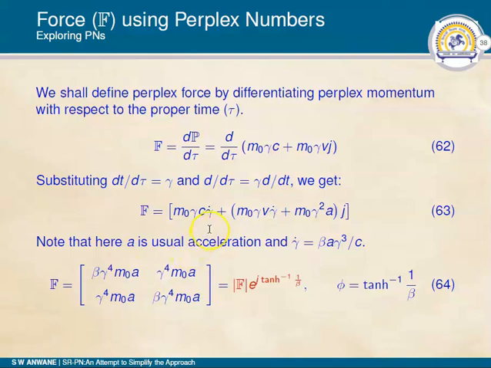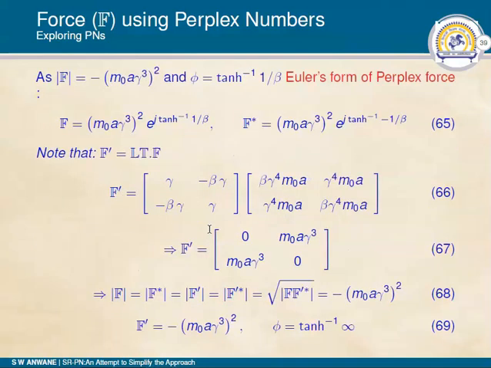So you can locate the mod of F times e to the power j times tan h inverse of 1 upon beta. So the force, when we would like to represent it in the form of Euler's representation, the mod F is operated here, and phi is also expressed in terms of tan h inverse of 1 upon beta.